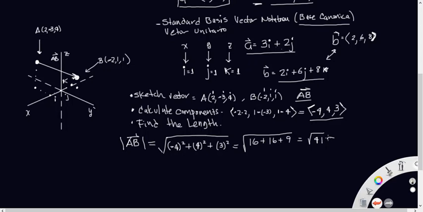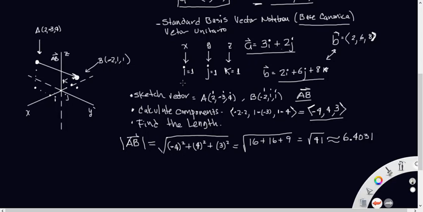In approximation, this is something like 6.4031. So the length for this vector from point A to point B is 6.4031, the square root of 41. And these are the components for this vector, and this is the sketch in the 3D coordinate system.